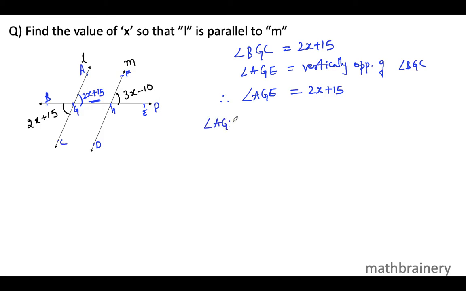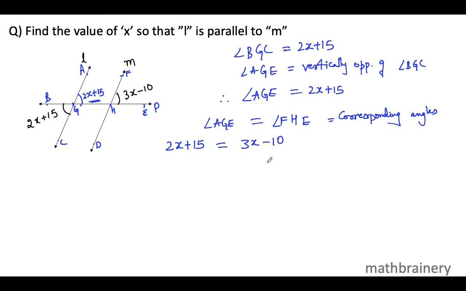Angle AGE is equal to angle FHE. Why? Because they are corresponding angles. That means to say this 2x plus 15 must be equal to this angle 3x minus 10. So what you have, 2x plus 15 must be equal to 3x minus 10.